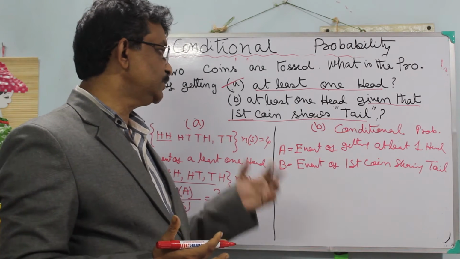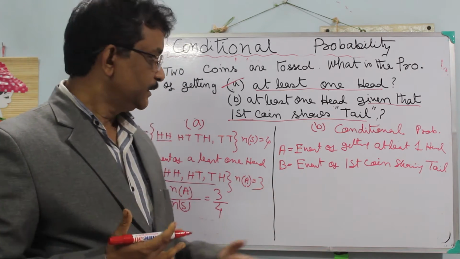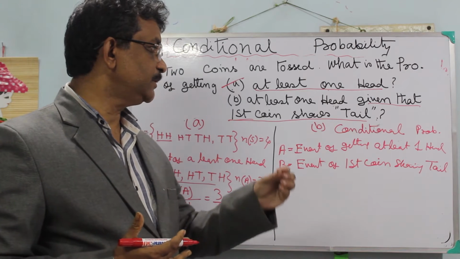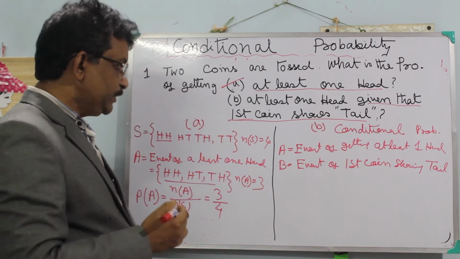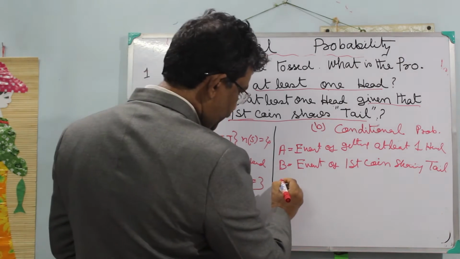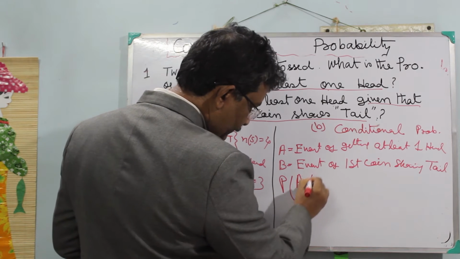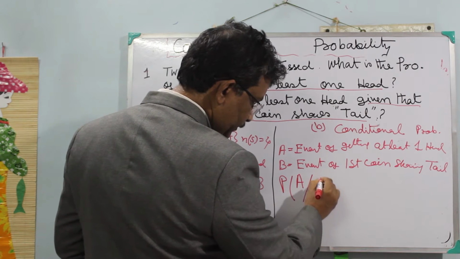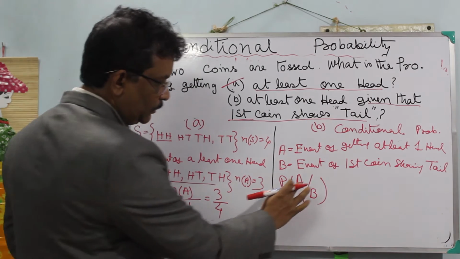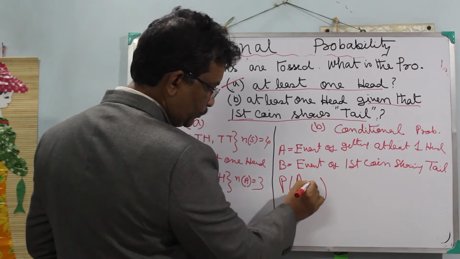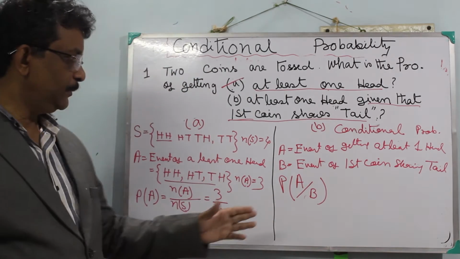Then what is the probability of getting at least one head? That means event B has already occurred. So we denote this conditional probability as the probability of A when B has occurred.